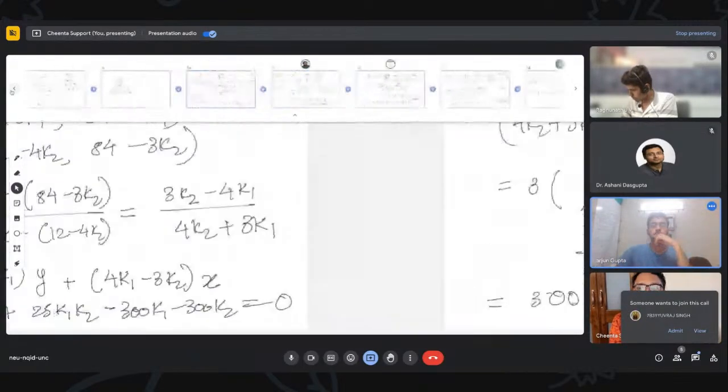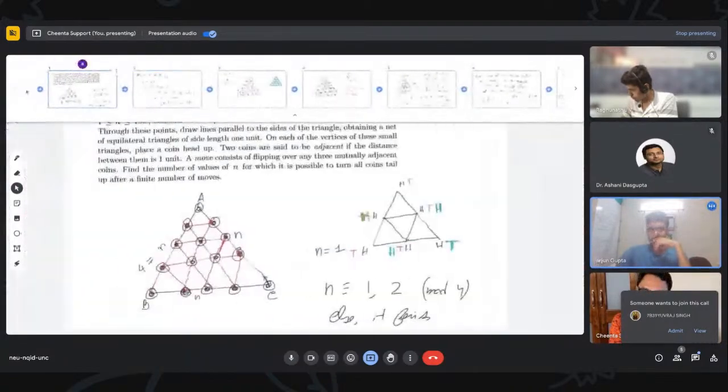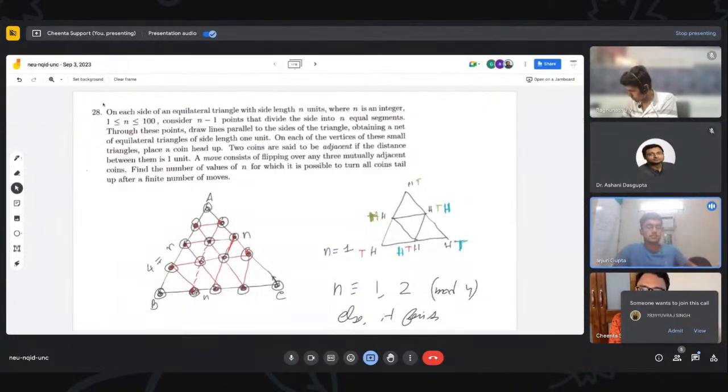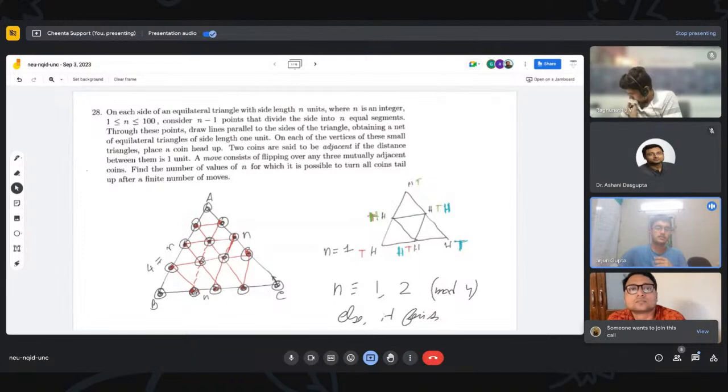So essentially, we have a grid of such triangles as drawn here, and we want to flip a set of triangles so that whenever we flip a triangle, we flip all three vertices of it, and we want that at the end of the day, every vertex is flipped exactly once.